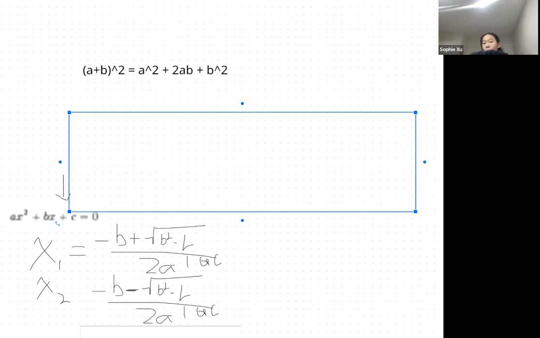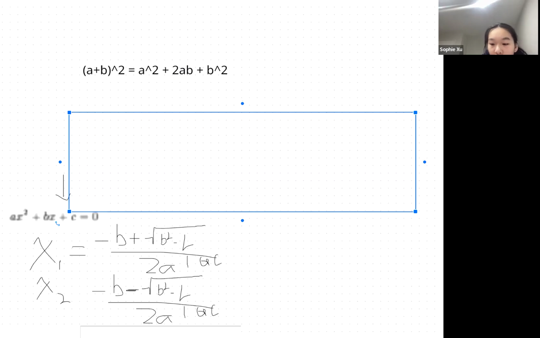Now we square root both sides, but remember, when you square root both sides, you have to remember to do plus minus, right? So now we have x plus b over 2a is equal to this thing square rooted.